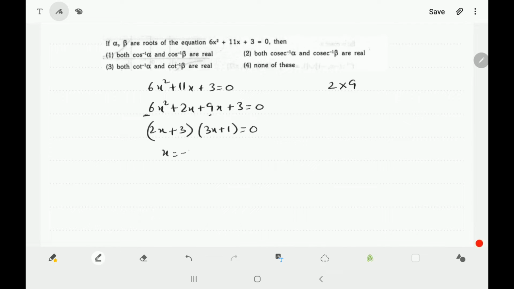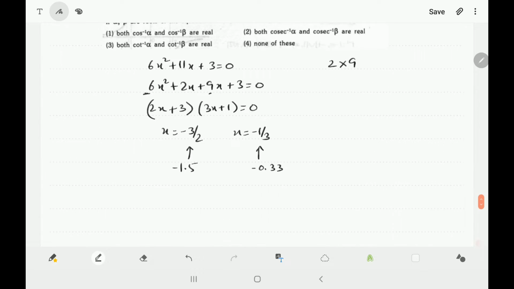So we have x as minus 3 by 2 and x as minus 1 by 3, because this value is minus 1.5 and this value is minus 1 by 3, which is minus 0.33. So let's take alpha as minus 1.5, our first root, and beta as minus 0.333, our second root.